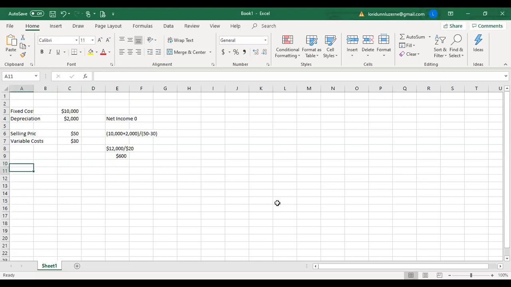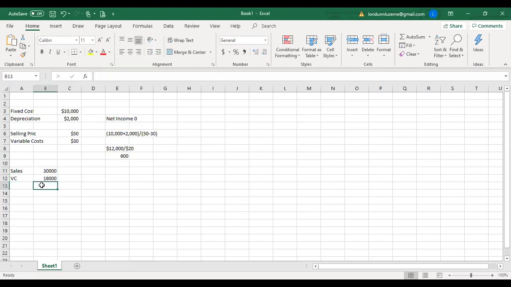If we take our sales, 600 times 50, variable costs would be 600 times 30.